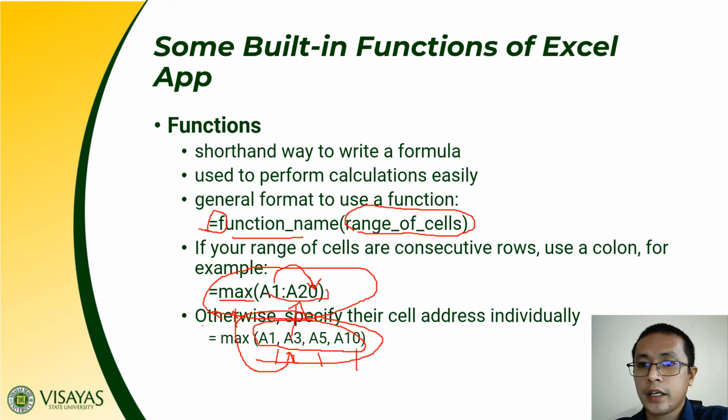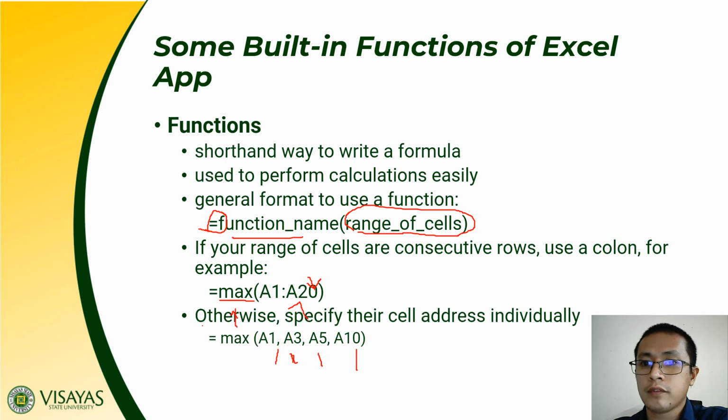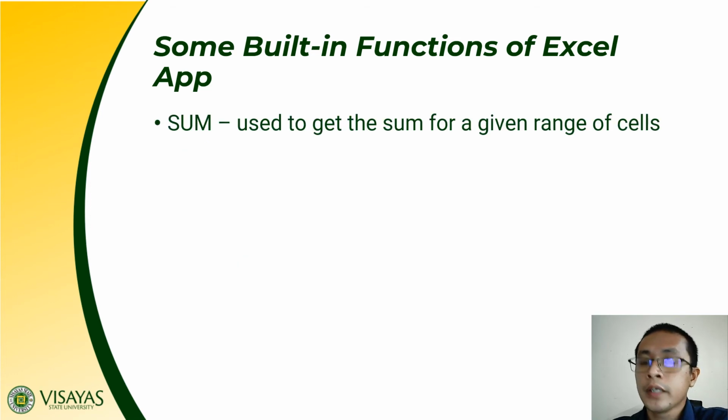Unlike here, this one is applicable when we are using consecutive cell addresses. Again, we use colon if we have consecutive cell addresses, and then use comma to specify the cell addresses where the formula is to be applied. Okay, here are some of the built-in functions in Excel. You have your SUM function, which is basically used to get a sum for a given range of cells.